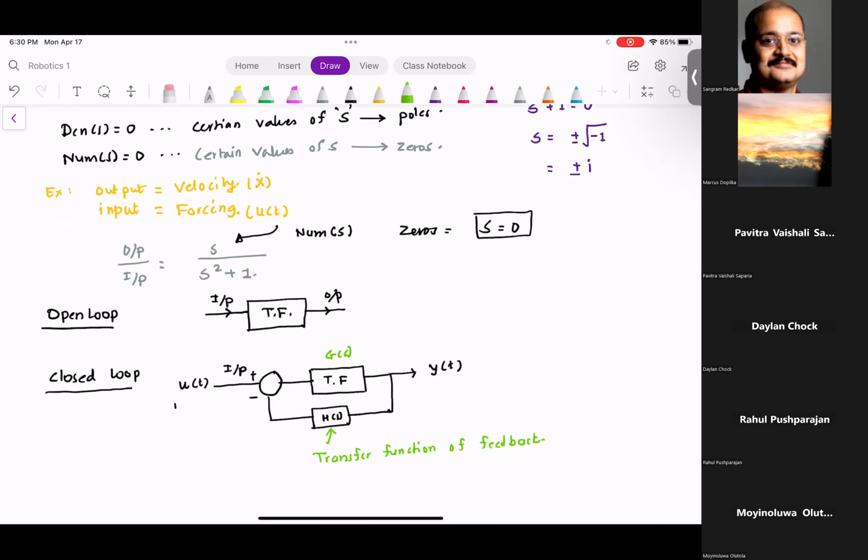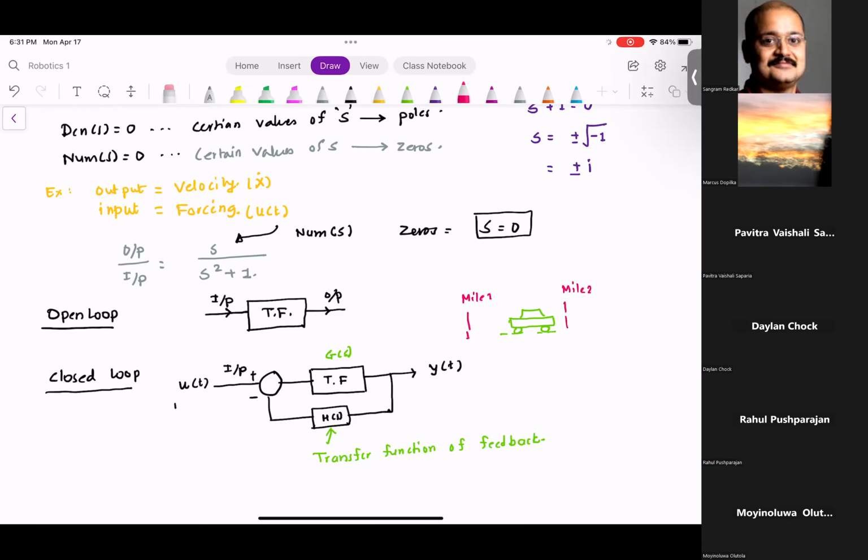Now, what does this transfer function of feedback mean? Say you have a car, and you want to measure the distance traveled. Unfortunately, you cannot measure the distance traveled by the car directly unless you have mile markers. So this is mile 1, and maybe this is mile 2.